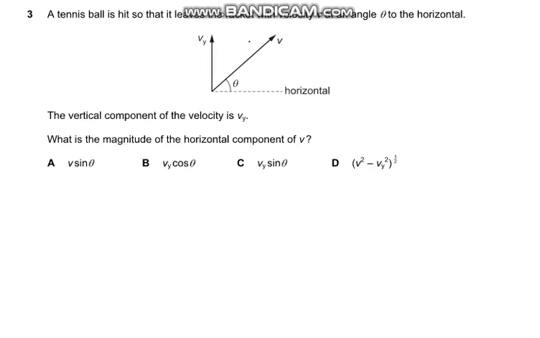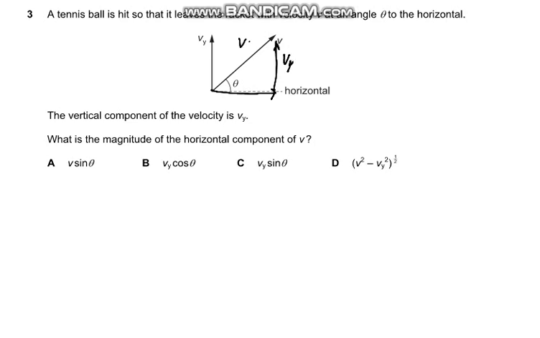A tennis ball is hit so it leaves the racket with velocity v at an angle theta to the horizontal. The vertical component of the velocity is vy. What is the magnitude of the horizontal component of the velocity v? This is what is being asked, and vy is given, and this is our v.